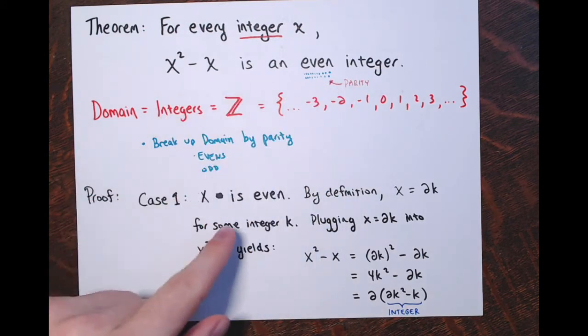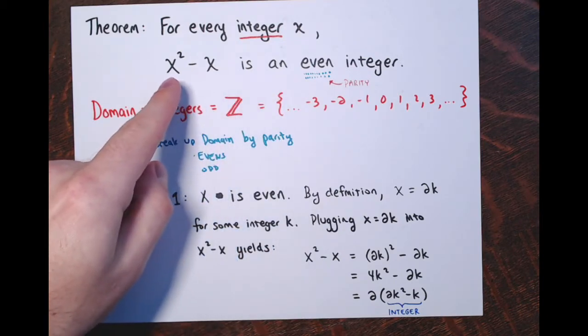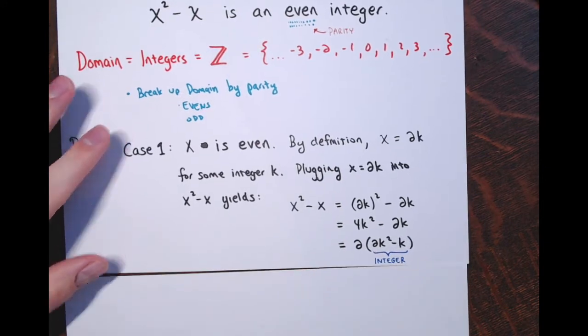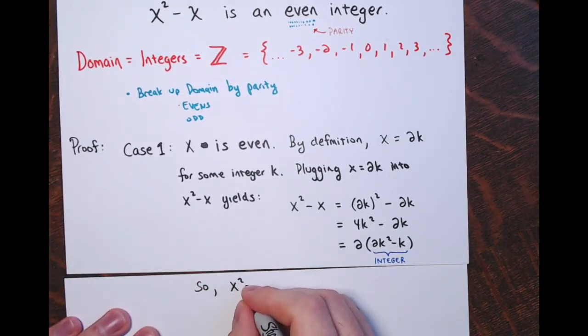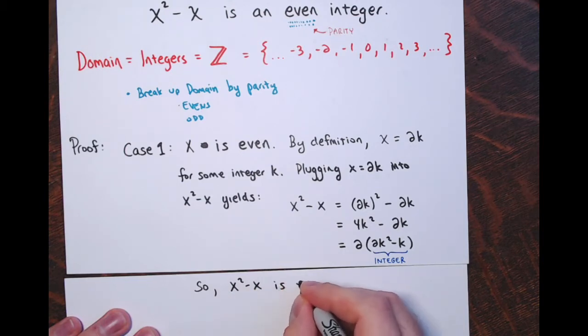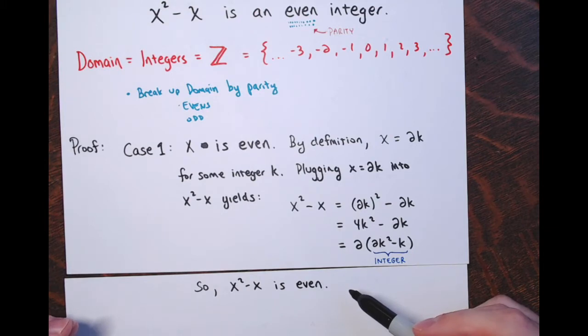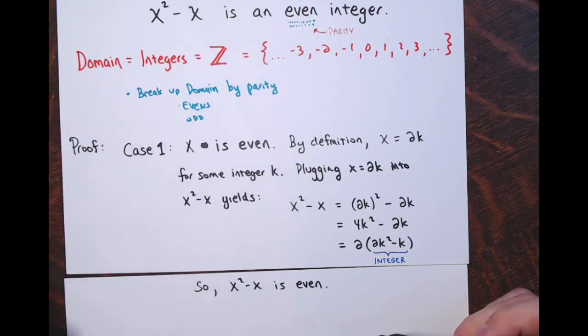And I didn't write it, but that's what we're trying to show. I probably should have written it for the reader, but we're trying to show that x squared minus x is even. Therefore, x squared minus x is even. Now, usually, when you write what you're trying to show, you put a little box, but this is only the first case, so the proof technically isn't over.